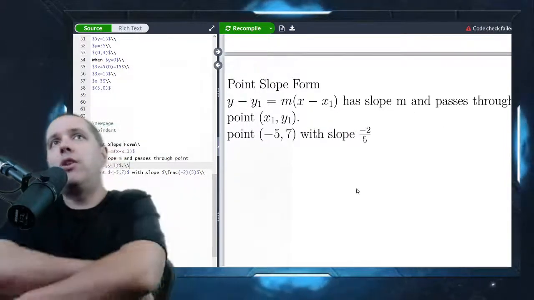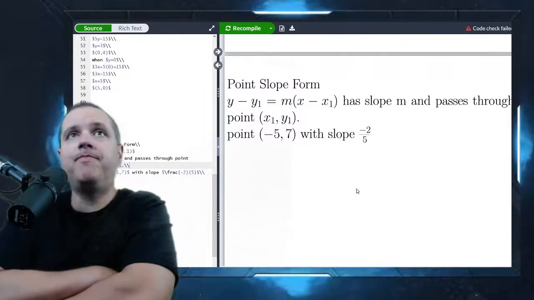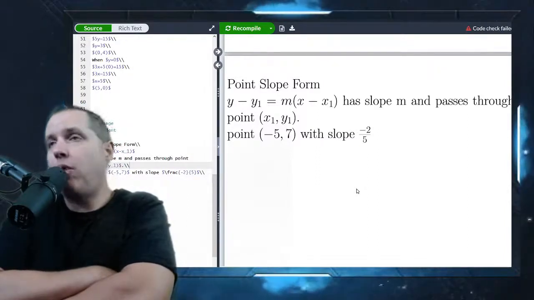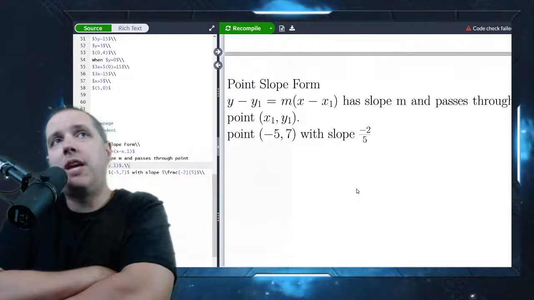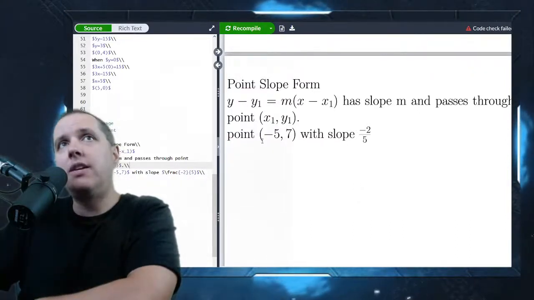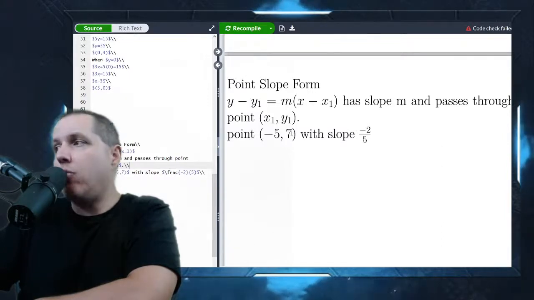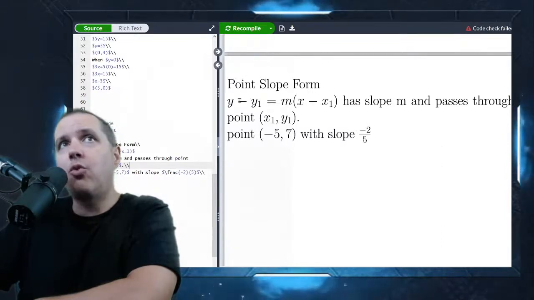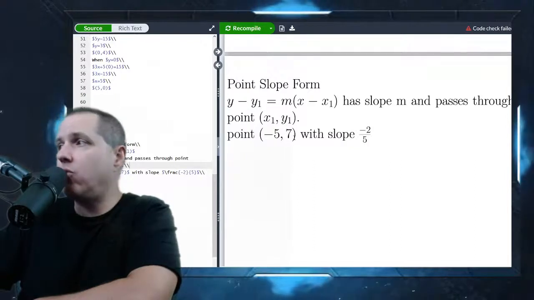Okay, so we want to use point slope form here. Got the point negative 5, 7, and a slope of negative 2/5. Negative 5 is my x1, 7 is my y1. So now I'm just going to rewrite this form up here, except where it says m, I'm going to put my slope. Where it says y1, I'm going to put my y1, which is 7.